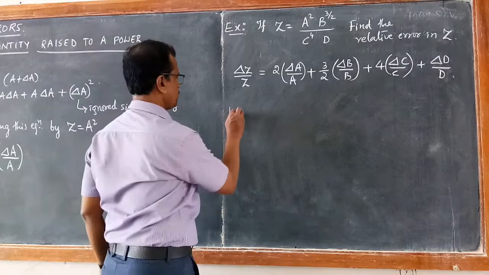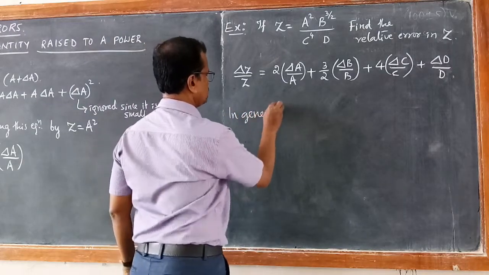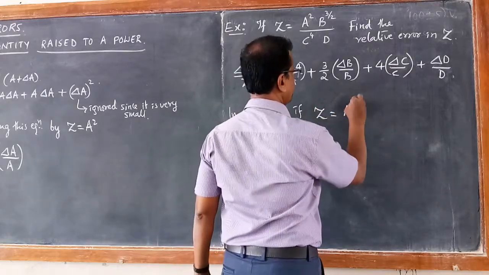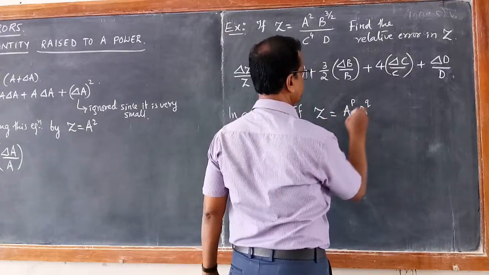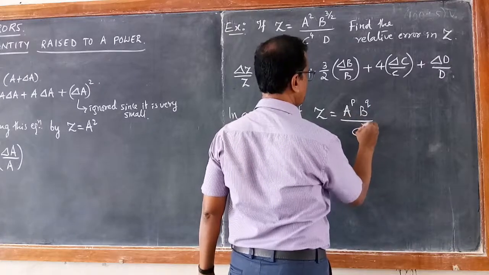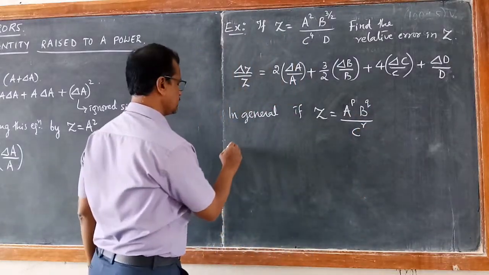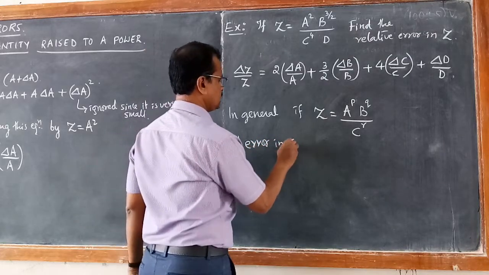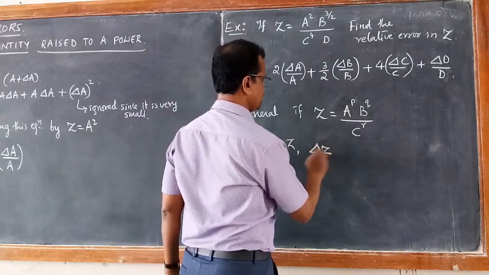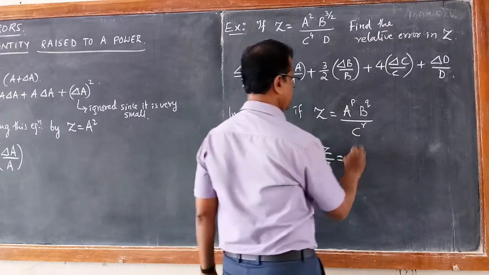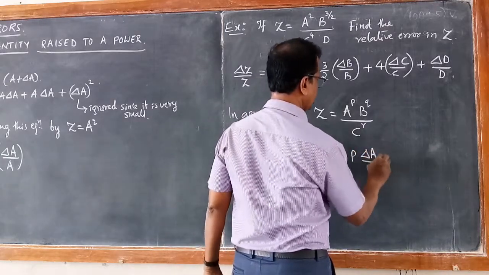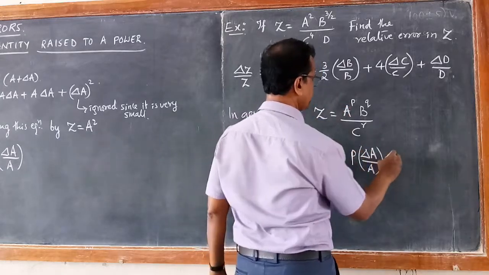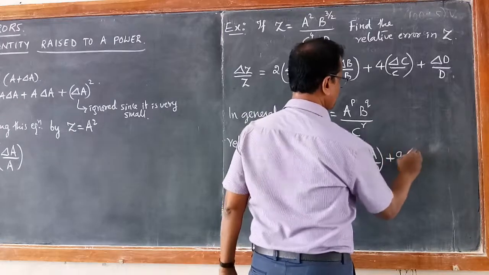So in general, we can conclude, if z is equal to a to the power p, b to the power q divided by c to the power r, then the relative error in z becomes delta z by z is equal to p delta a by a, because p is the power, plus q delta b by b.